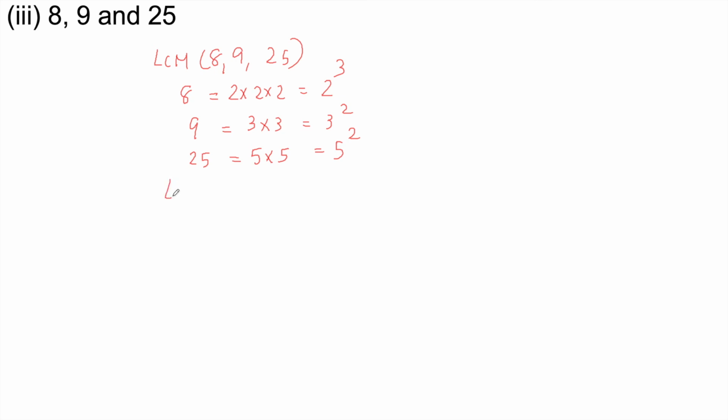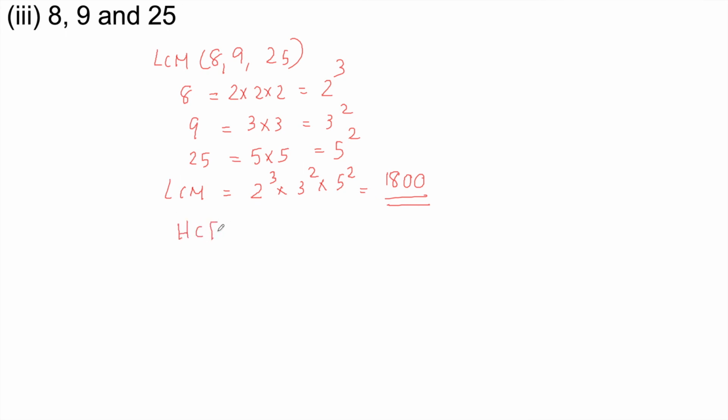Okay, so for the LCM, we want to consider each prime factor and the greatest powers. So 2 cube into 3 square into 5 square. Okay, after multiplication we will get 1800. This is the LCM.